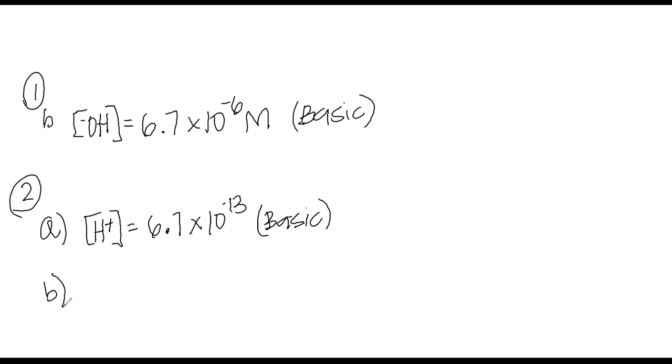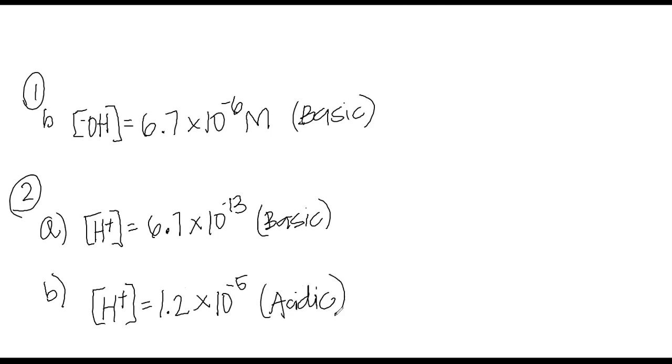And then for part 2, letter B, the hydrogen concentration you get is 1.2 times 10 to the negative fifth, making that an acidic solution.